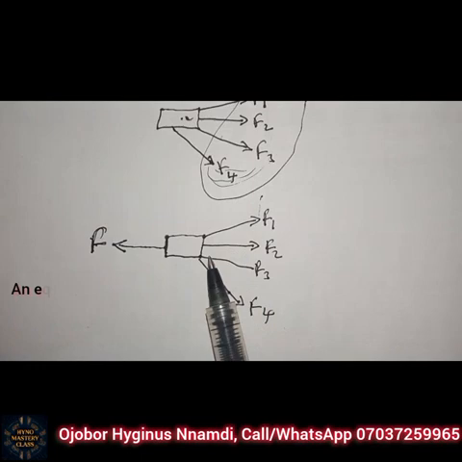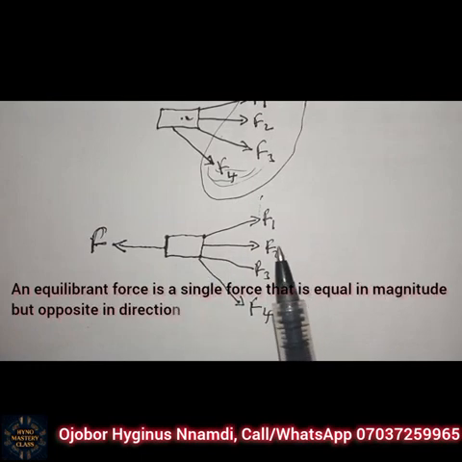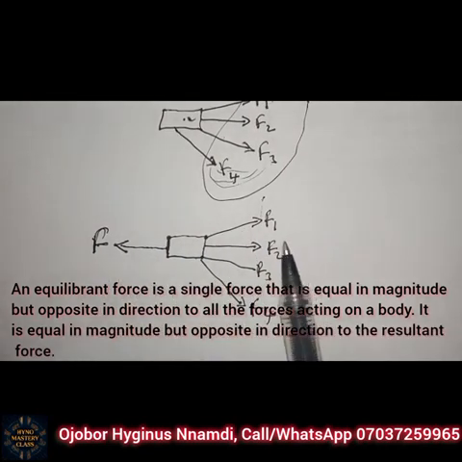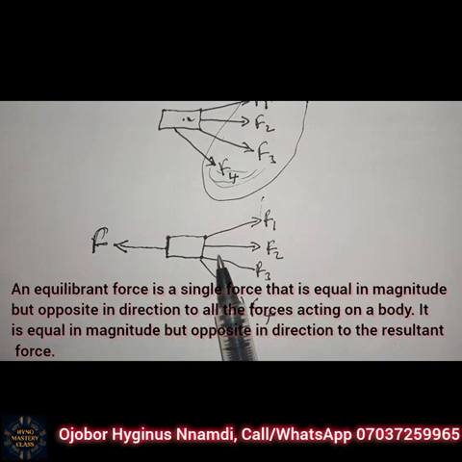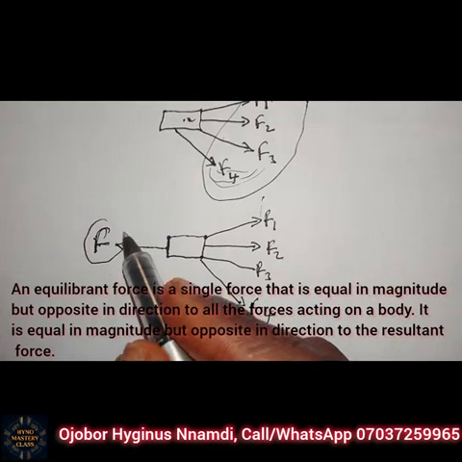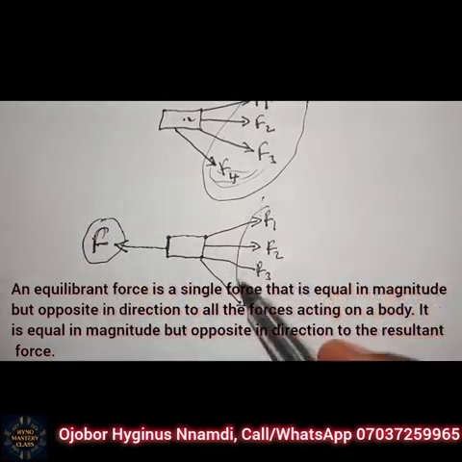So an equilibrant force is a single force that is equal in magnitude, that is, equal in size, capable of opposing all these four forces, but in the opposite direction to the effect of all the forces acting on a point. So you can see that this single force, unlike the resultant force, is in the opposite direction to these four forces put together.